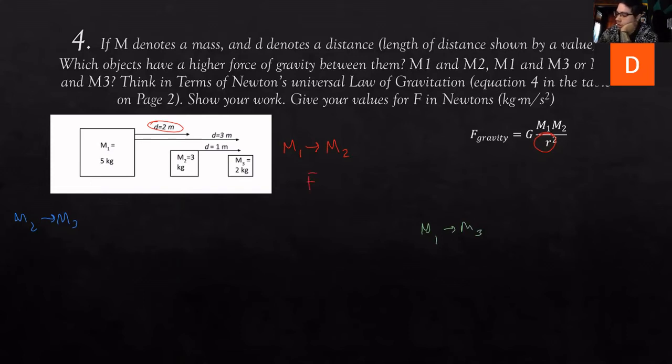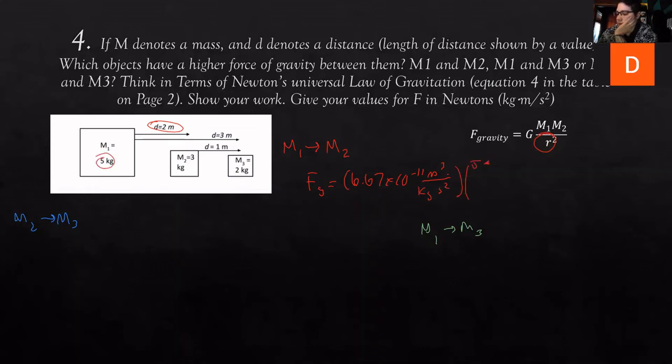We're going to be using the equation put up here. G is our gravitational constant, which is 6.67 times 10 to the negative 11th meters cubed per kilogram second squared, times our first mass, which is 5 kilograms.